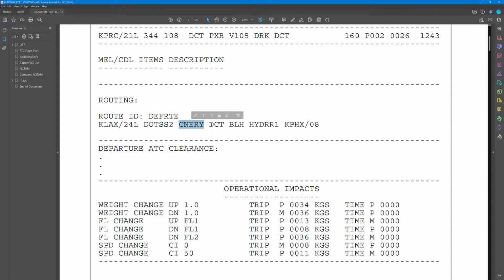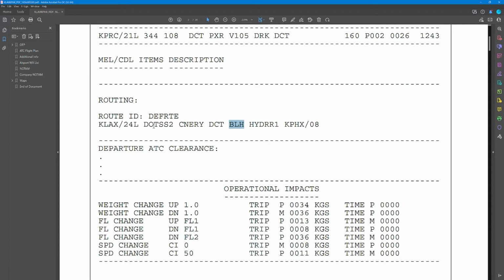And then you might be flying along, you might have a whole bunch of other waypoints, places to go to, but ultimately at your destination airport, you'll have an arrival with its own transition. Now, the way it's stated is the departure and the transition, the arrival and its transition.